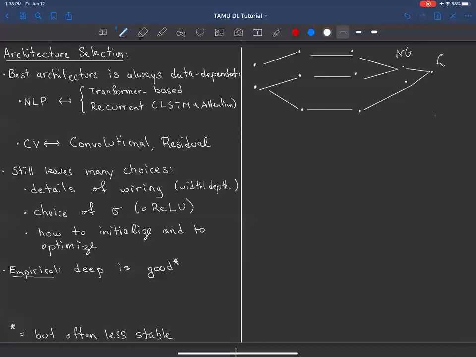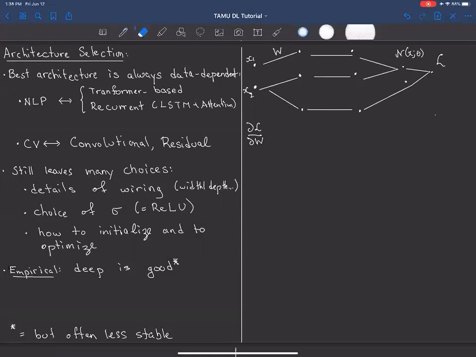This is the output of the network. These are the inputs, x1 and x2. And maybe I have some trainable parameter, w, this weight here. Okay, so I need to compute, remember, the derivative of the loss with respect to the weight w. That's the fundamental object in doing gradient descent.